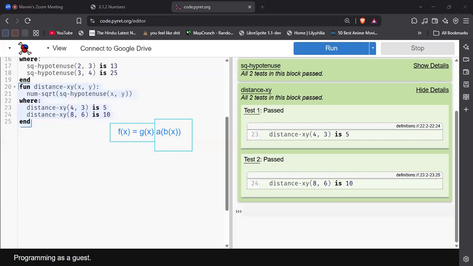The left one is an example where when we're defining a function, the body of the function calls another function. We can do things like this. The one on the right is where when we want to call a function, the argument could be another function call. For example, on the right-hand side, a could be num square root and b could be square hypotenuse.